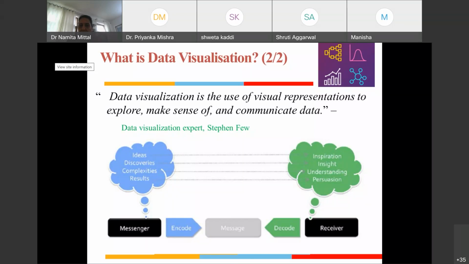The idea of messenger is converted into inspiration, discoveries into insights, complexities into understanding, results into persuasion. Ultimately, what we perceive, how do we perceive it? This is behind the data visualization. This is said by Stephen Few.